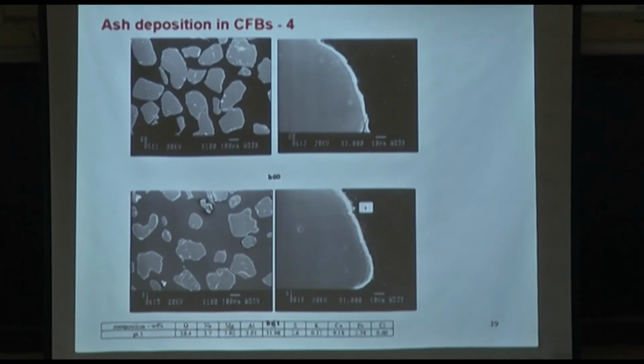So one thing that we hypothesize is that if you use the fine particles, which have very high specific surface area, and because they are fine, they will be capturing these sticky materials preferentially on their surface.